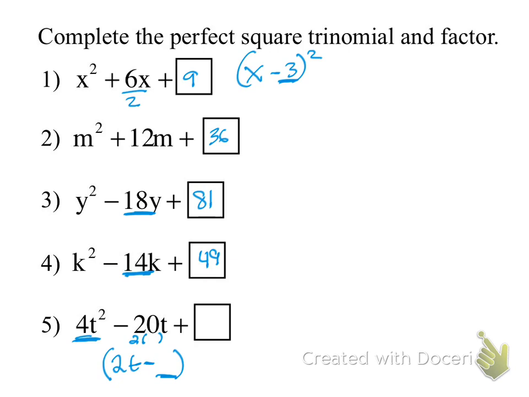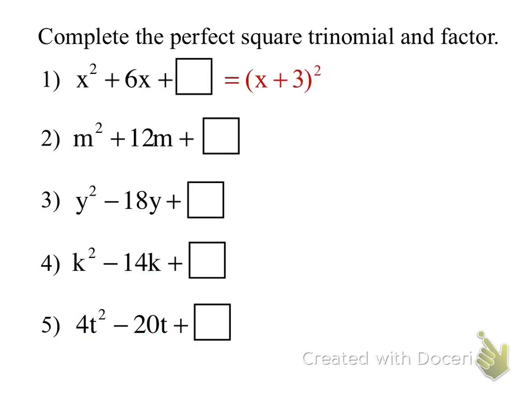What must go in there? 2 times what equals 20? 10. So what must go here? To get this to be a 10, 5. Okay, so when I square the 5, it's a 25.